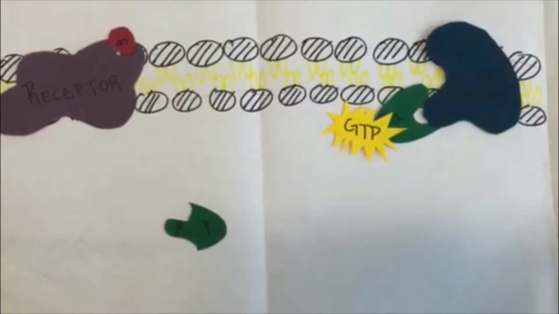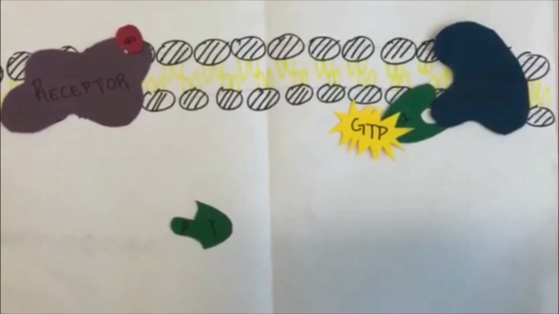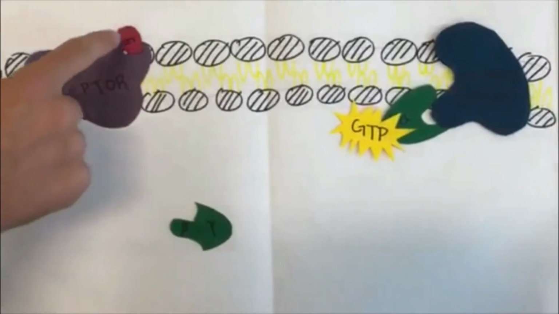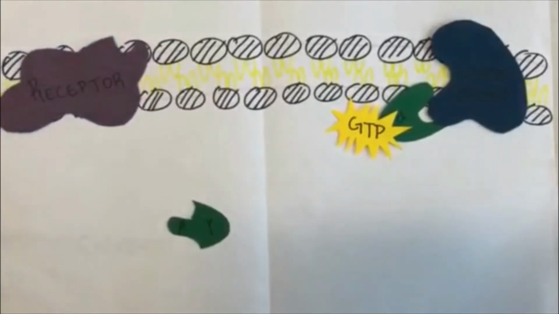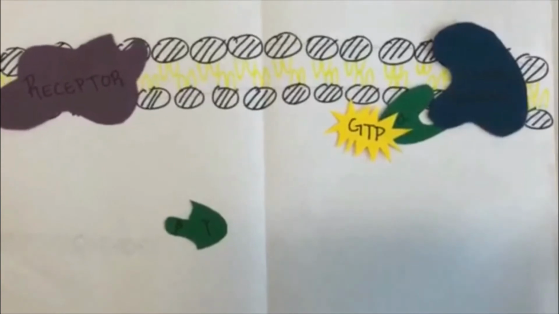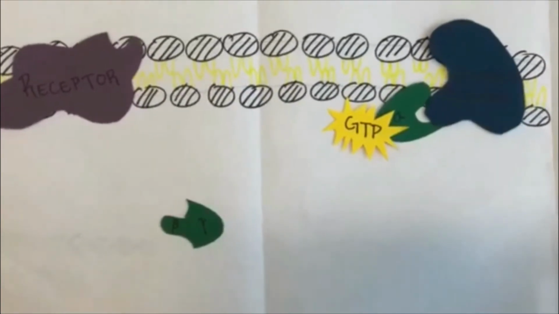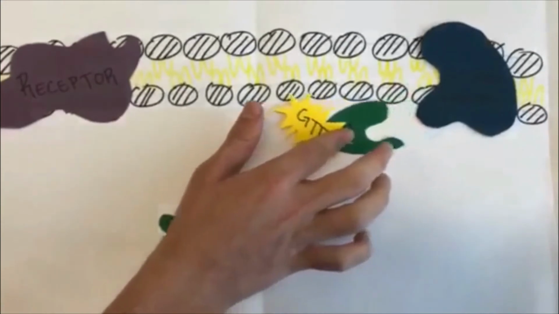When the G alpha has finished its task, which is indicated when the signaling molecule leaves the GPCR, it has to go back to its inactive state by binding back with the beta-gamma complex and taking in a GDP molecule.